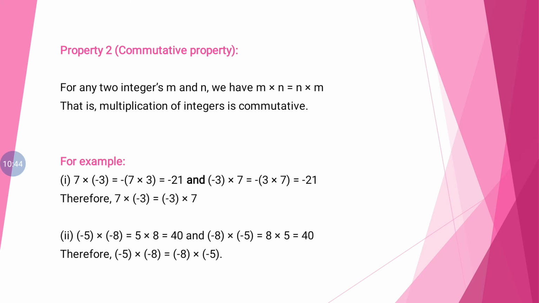Next is the commutative property. For any two integers m and n, we have m multiplied by n equals n multiplied by m. Both terms are equal. So m into n equals n into m. The order of the multiplicands in a multiplication sum doesn't matter. So both the terms are equal.